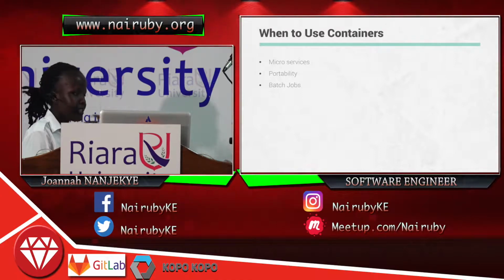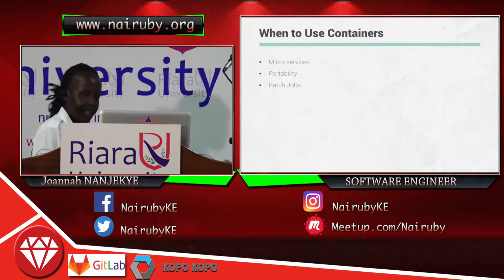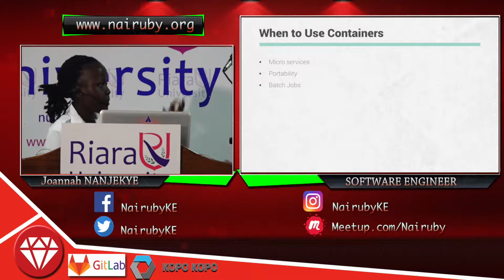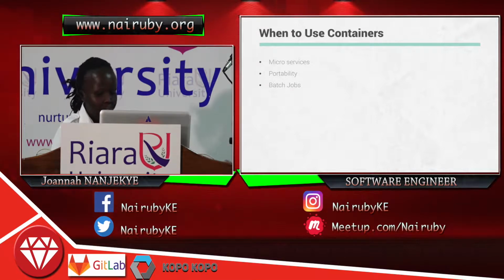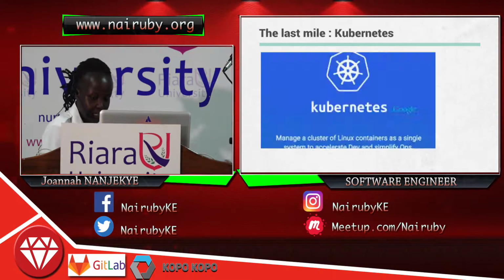So you need a way of automating, or some other management system to help you keep track of all those containers. They may be running on different nodes. By nodes, I mean they may be running on different machines. And so you need a way of keeping track when you have very many of these containers.